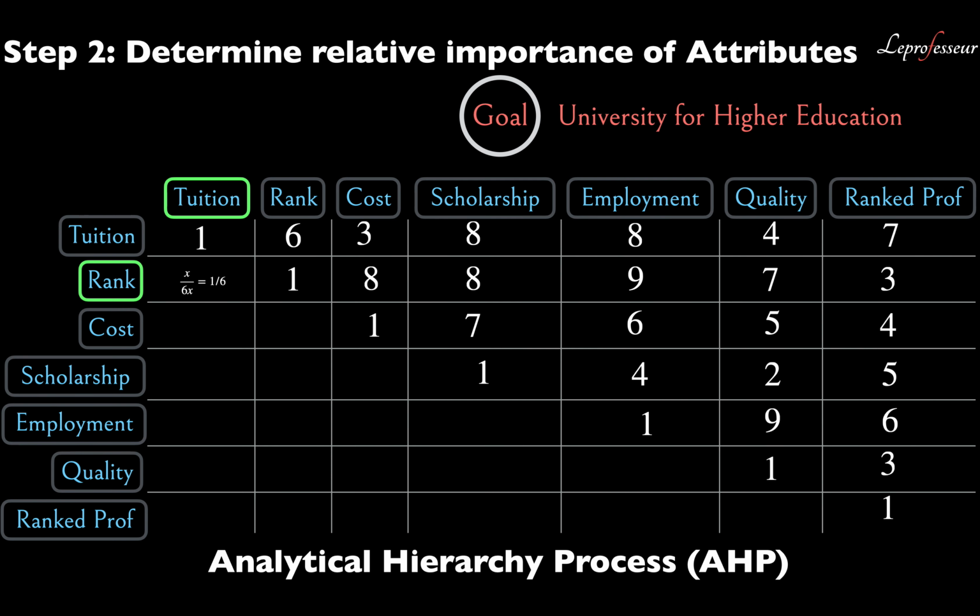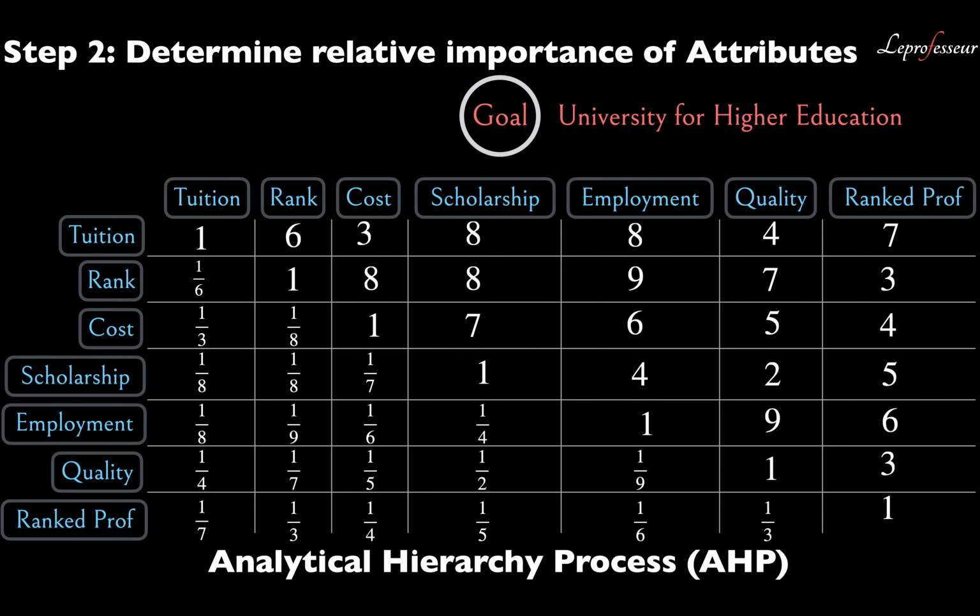So rank versus tuition is just the reverse of the 6 we have here: 1 divided by 6. So it's the inverse of the upper triangular. Similarly, we can keep filling other entries, and we come up with this matrix. Upper triangular, lower triangular.